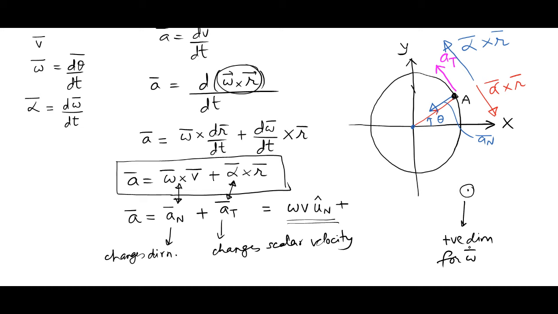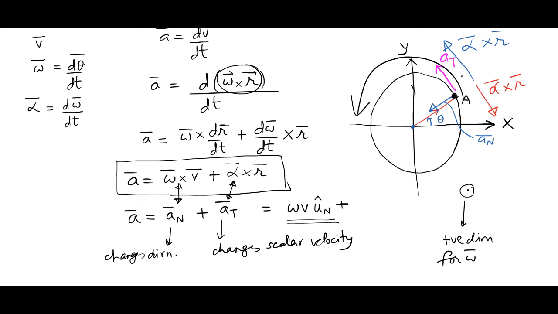So remember, you have to be consistent. Once you say that omega bar is positive in this particular direction, you just go back to the picture where you said that the particle is moving in this direction. That's why we got this direction for omega bar.